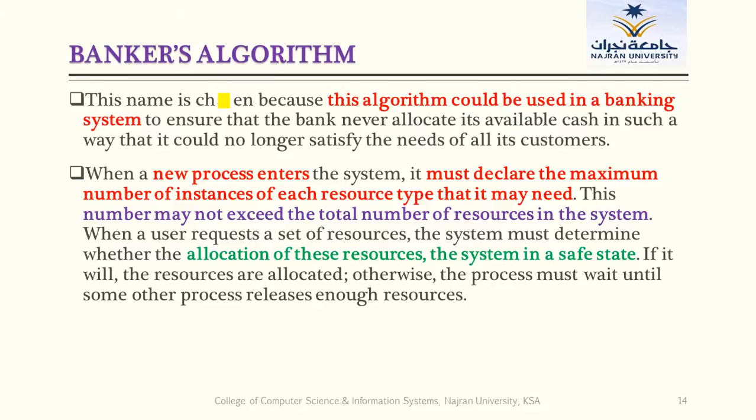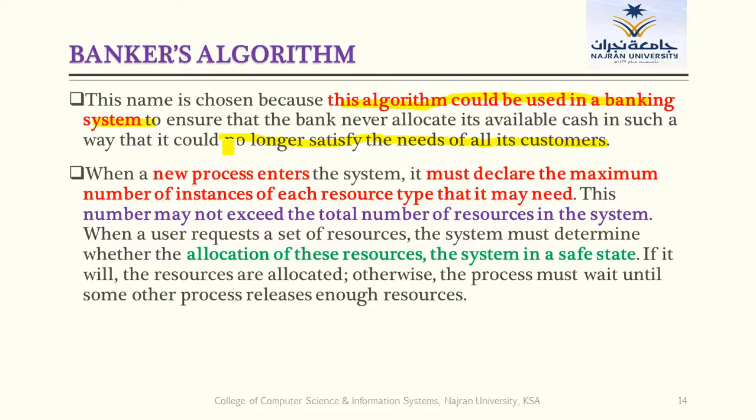The name of this algorithm is chosen because it could be used in a banking system, to ensure that the bank never allocates its available cash in such a way that it could no longer satisfy the needs of all its customers.